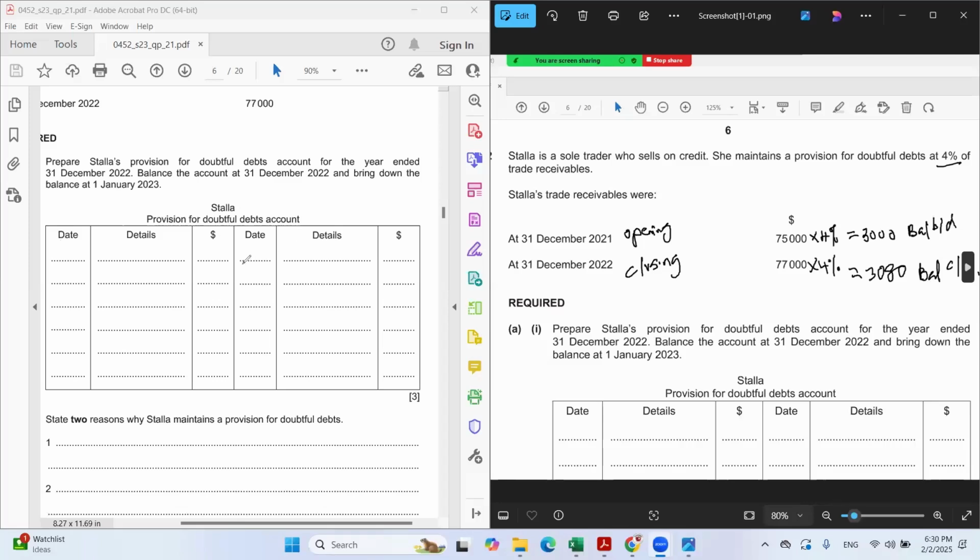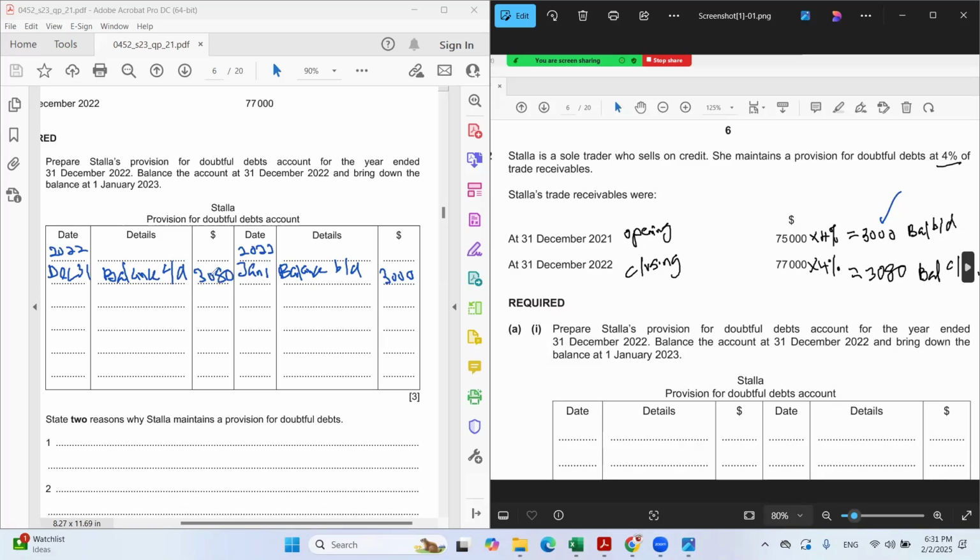Okay, we have 2022, beginning of the year, January 1st, balance brought down, and this amount is 3,000, which is from here. And then at the end of the year, December 31st, balance c/d, and the amount is 3,080.